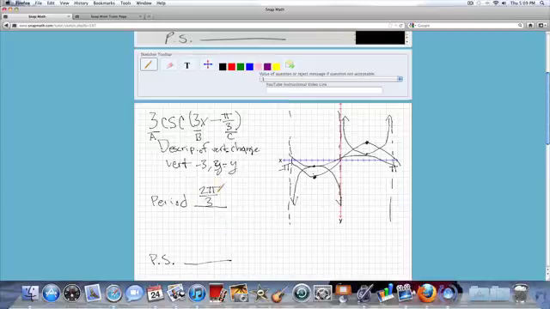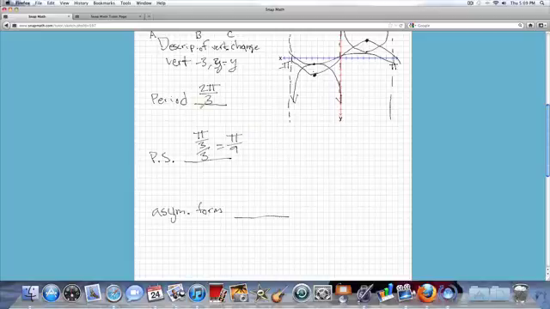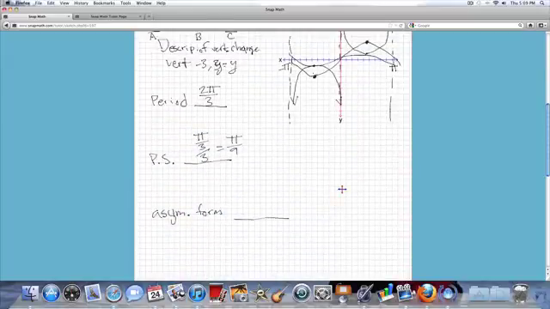Our phase change is going to be both B and C. It's C, pi over 3, over B, which is 3, which equals pi over 9. So that's our shift.